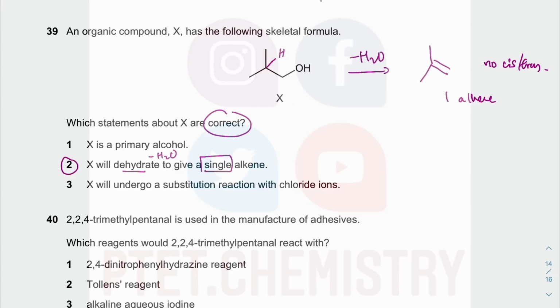X is a primary alcohol. Well, the carbon with the OH is bonded to one other carbon. Primary alcohol. Correct. X will undergo substitution with chloride ions. So you know how you would normally replace it to become that, okay?